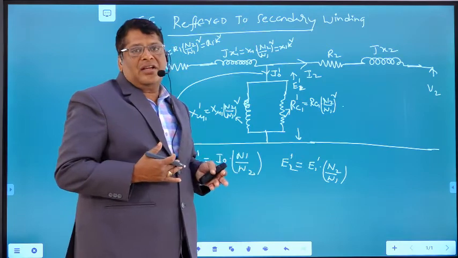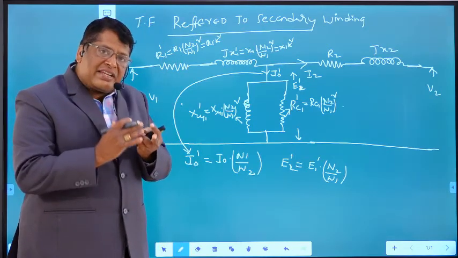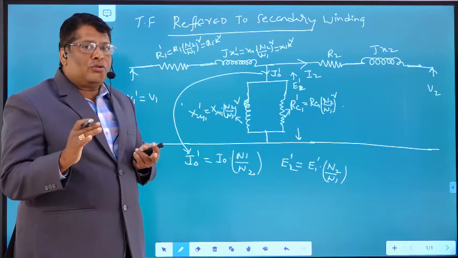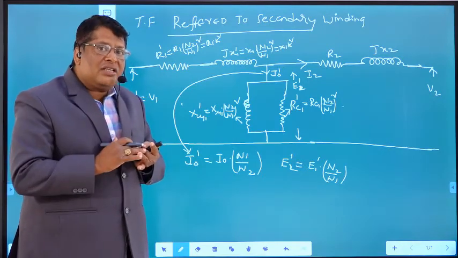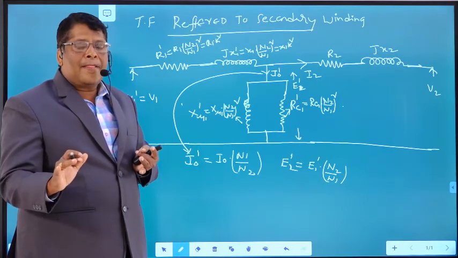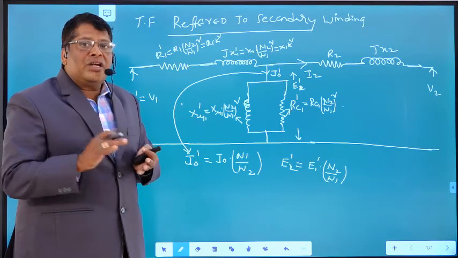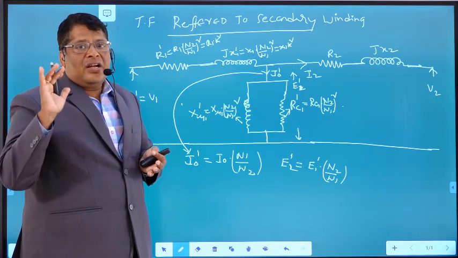So finally, the resistance and reactance values are directly proportional to the square of the number of turns, whereas the voltage is directly proportional to the number of turns, and current is inversely proportional to the number of turns in a transformer.